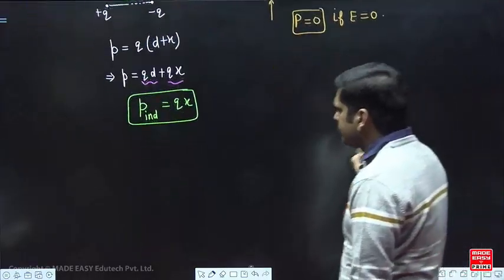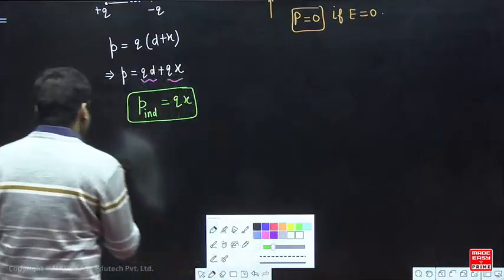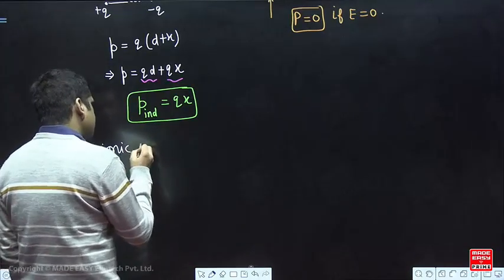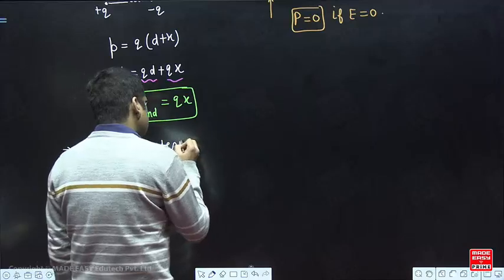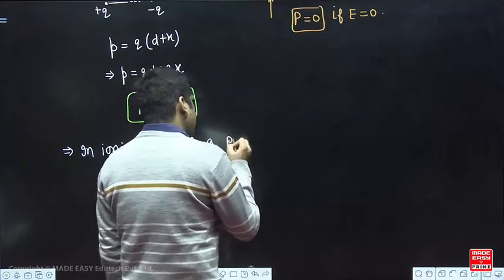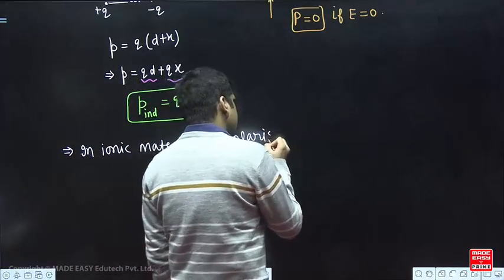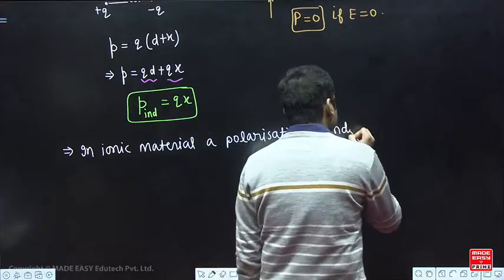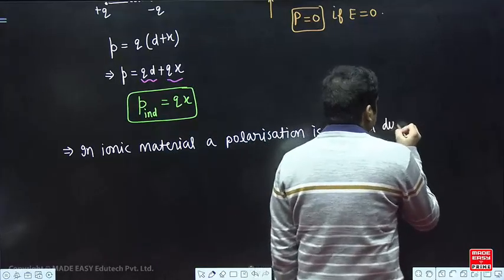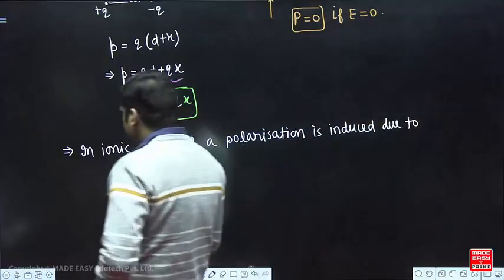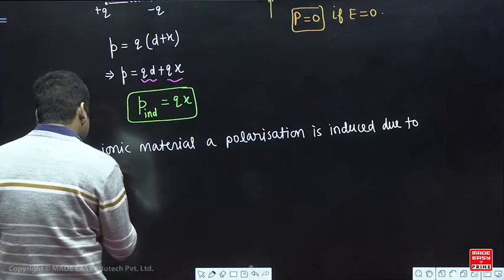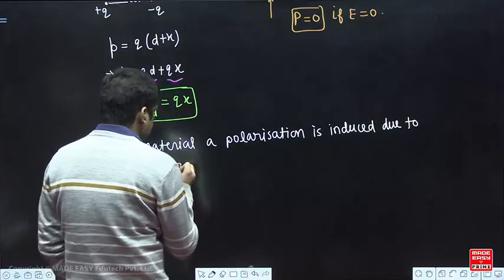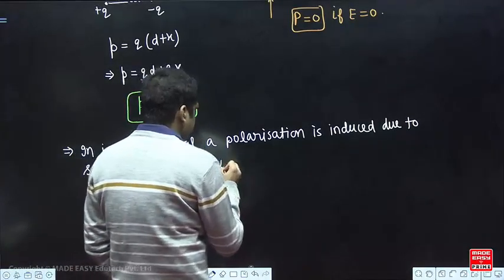So in ionic material, a polarization is induced due to stretching of bond under the influence of electric field.